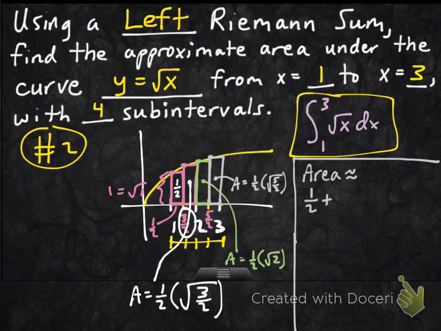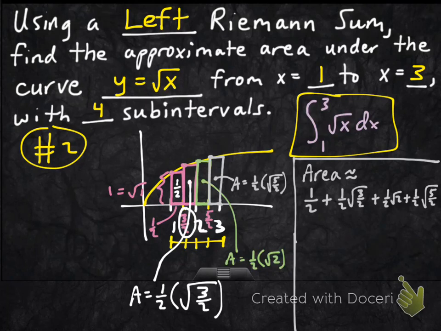The second rectangle had an area of 1/2 times the square root of 3/2. The third rectangle had an area of 1/2 times the square root of 2. I don't know why I put parentheses around that. Maybe I shouldn't. How about this? So 1/2 times the square root of 2, and then plus 1/2 times the square root of 5/2 for our fourth rectangle.